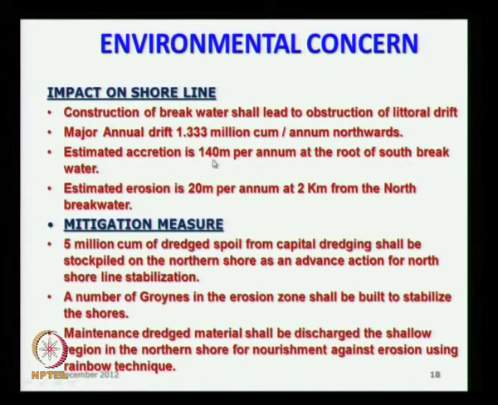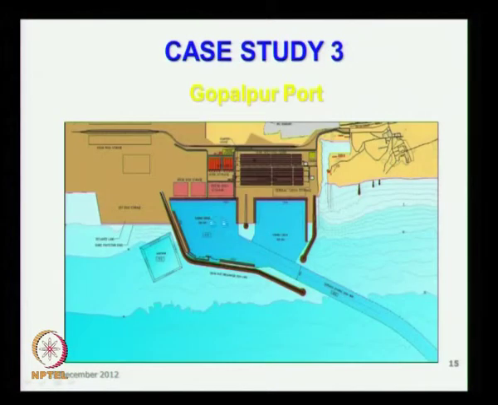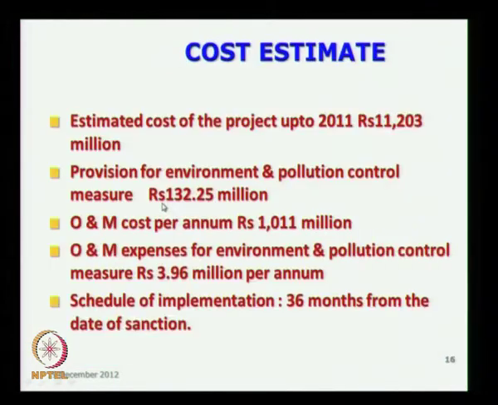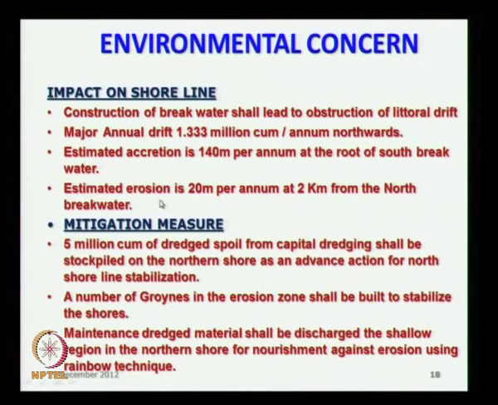Estimated accretion is about 140 meter per annum at the root of the south breakwater. That is, when you have the south breakwater, the shoreline would advance by about 140 meter every year if we do not do any protection measures. Estimated erosion is 20 meter per annum at 2 km from north of the breakwater.